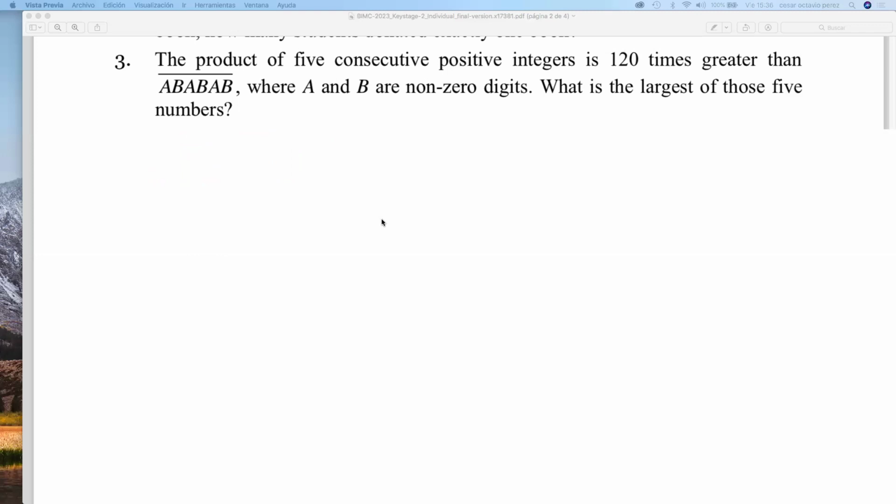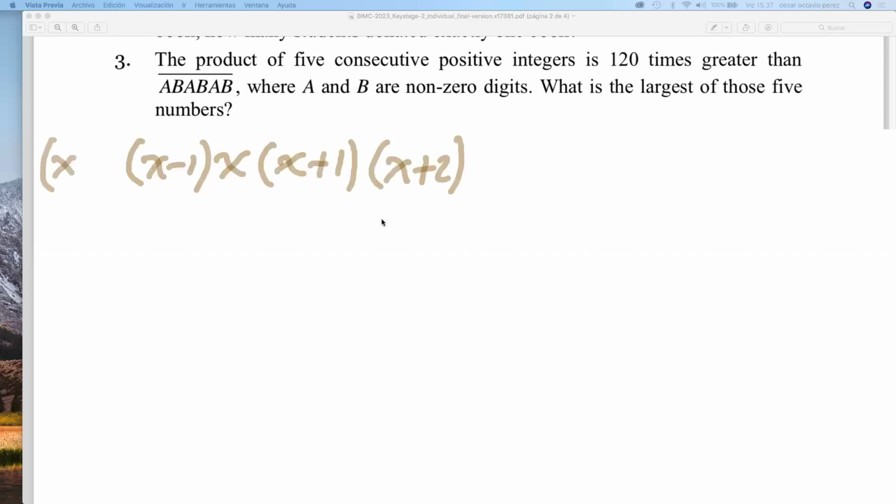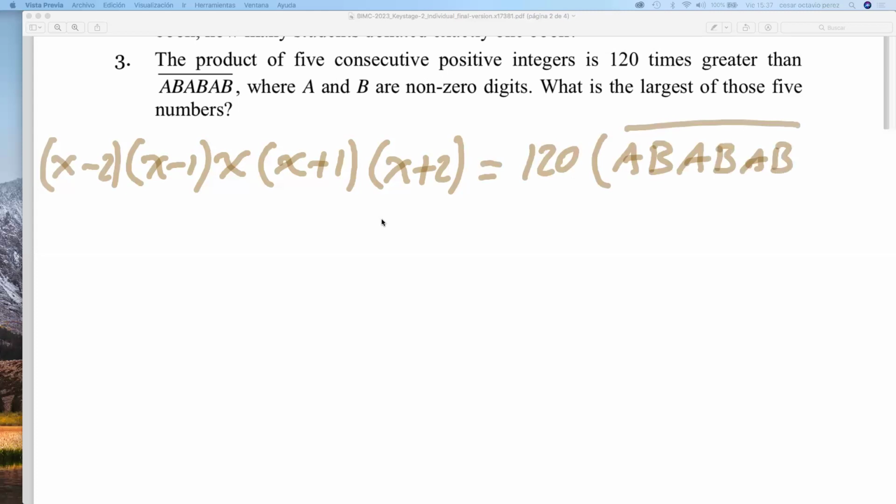We are going to multiply x plus 1, x minus 1. This will be 120 times ABABAB. Let me see.